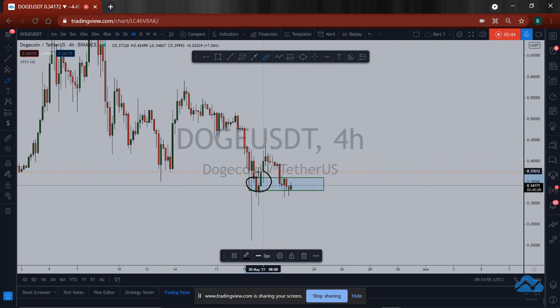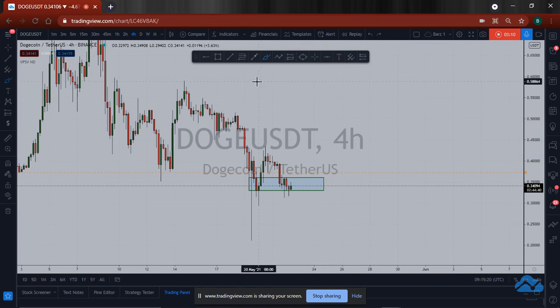Price came back yesterday to test this level of demand and we are seeing a kind of rejection of this demand. So what could we expect from this point? We could still see price give us a nice sell opportunity from here. However, if we get a break above this level of demand, then we could be looking for buy opportunities, right?